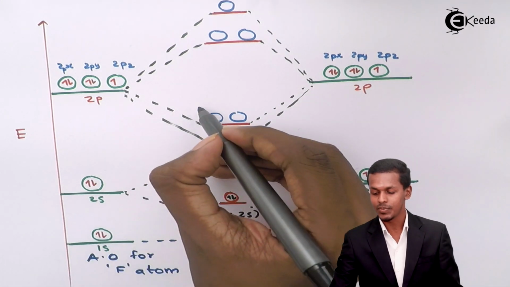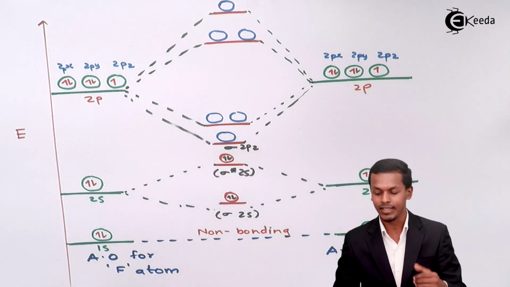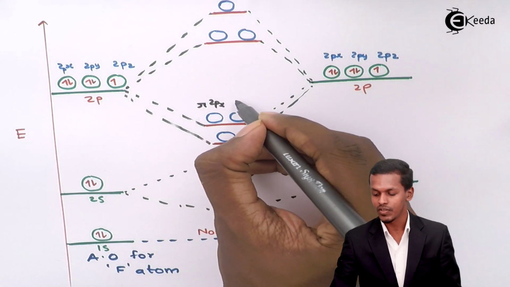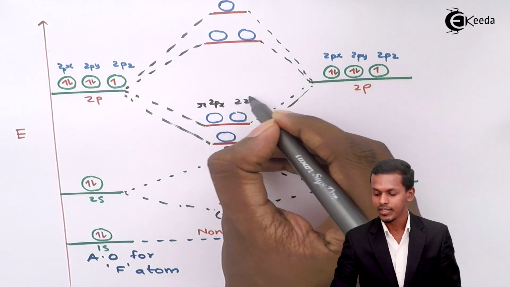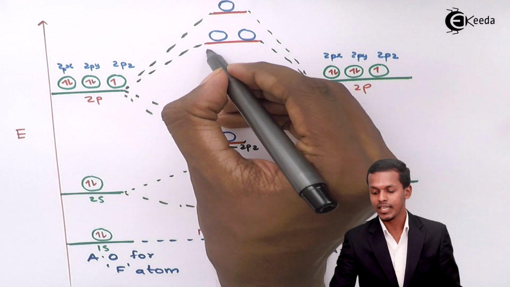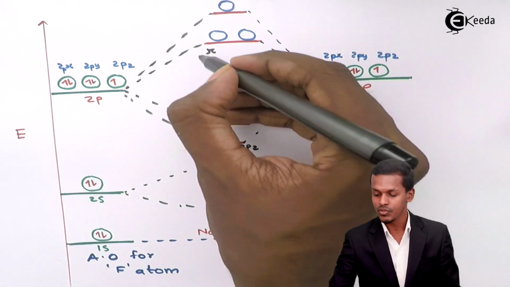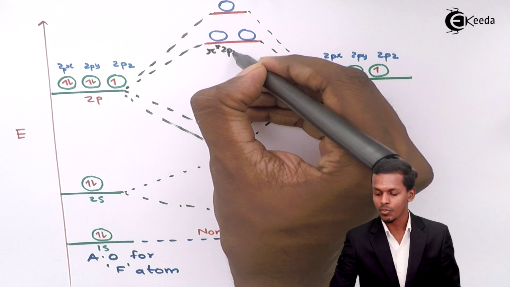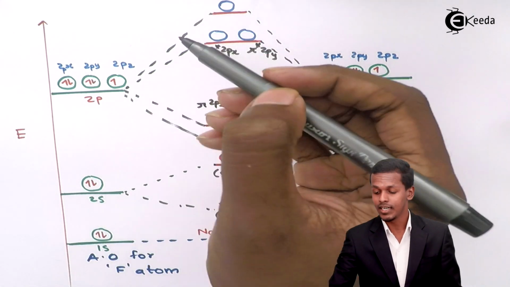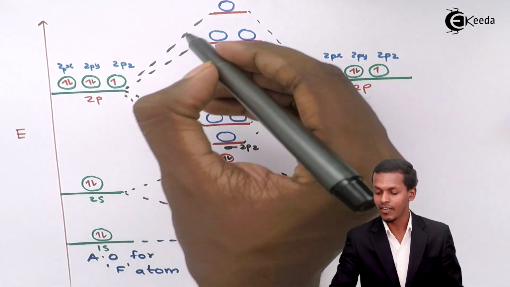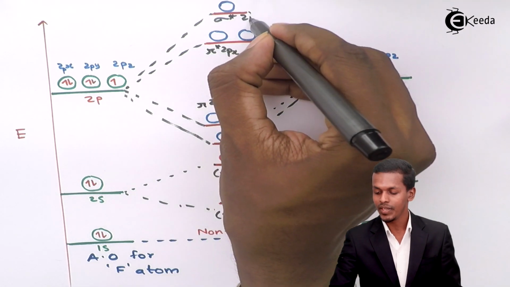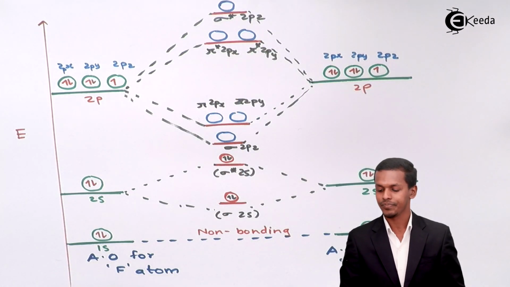This one is responsible for giving the pi bond, so it is known as pi 2px, while this one will be pi 2py orbital. This one will be pi star 2px orbital, because it is opposite to that one, while this one will be pi star 2py orbital, and the last one is sigma star 2pz orbital. So this is what we have.